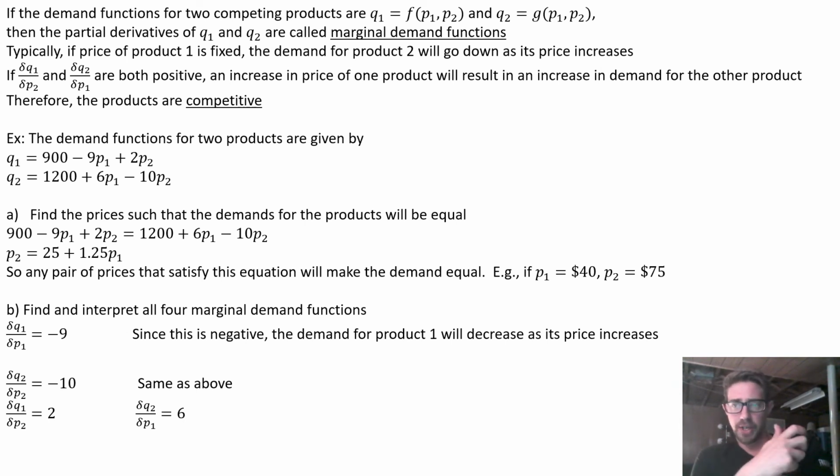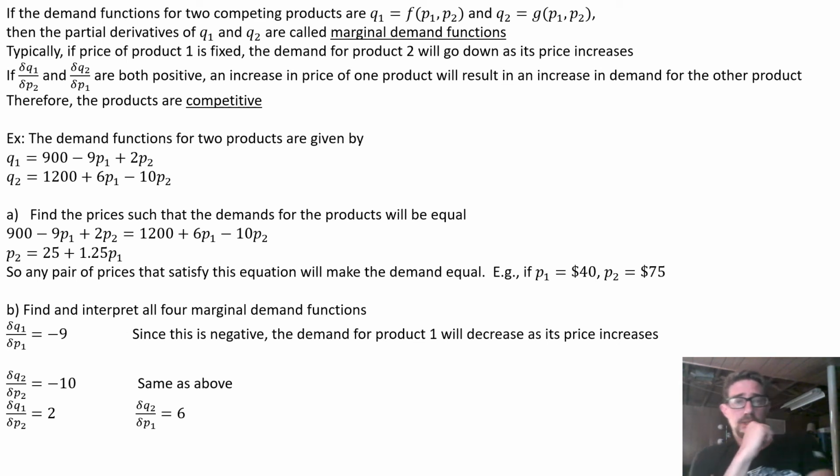So here are the other two at once, because as you can see, it's incredibly easy. The change in the demand for product 1 with respect to the price of product 2 is 2, so it's positive, and vice versa as well. The change in demand of product 2 with respect to the price of the other product is also positive. It's bigger.